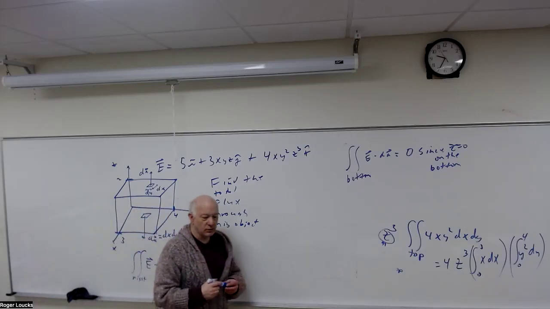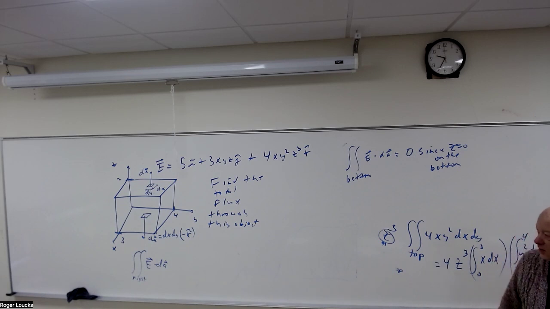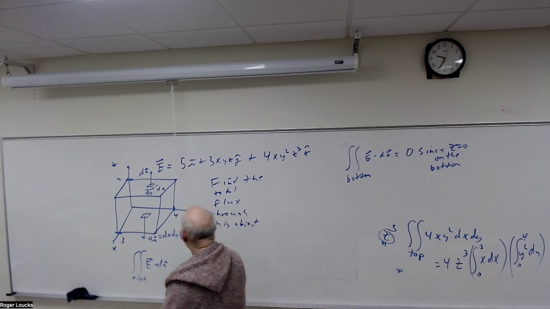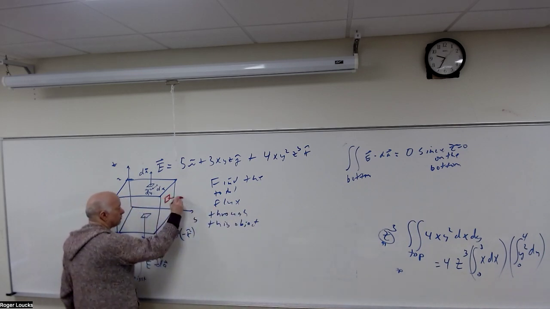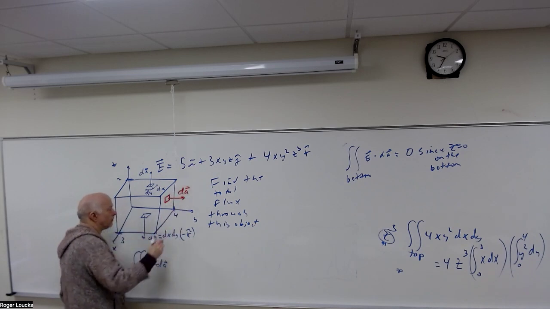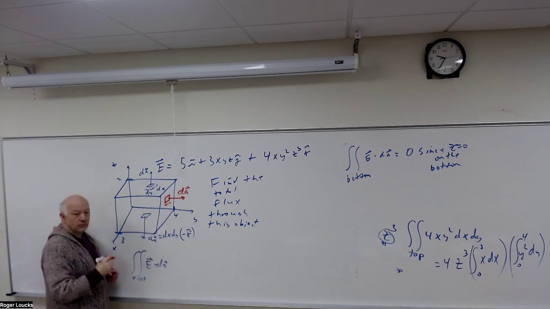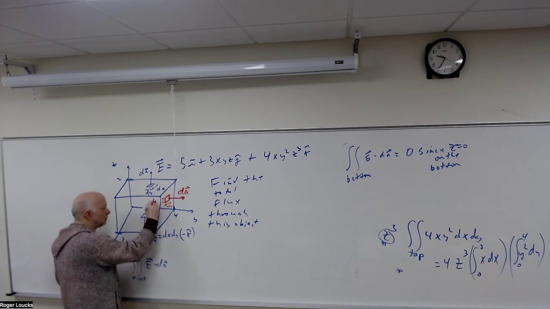You tell me exactly how to do the right side. Take a little square, and I'll even put it in a different color. Here's my little square like this. Here's my dA vector. How do you write that dA vector for this side here on my little square? dx. What about this? dz.